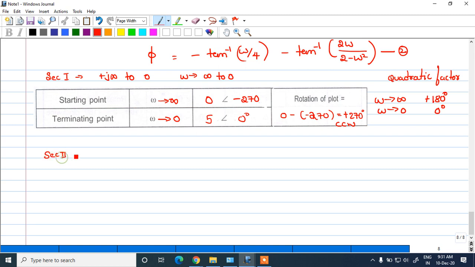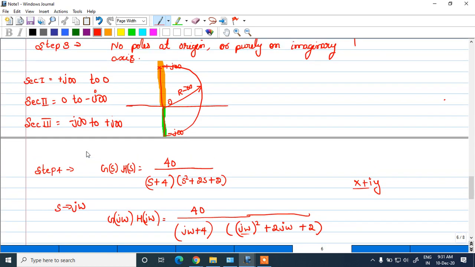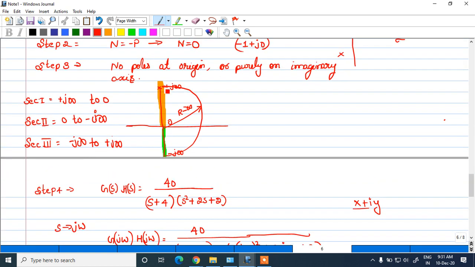Section 2. Okay, so please check the figure. We have input the value of plus infinity to 0. This particular value is done. This is section 1. And if you see, section 2 is mirror image.